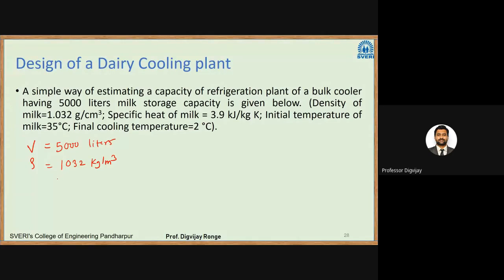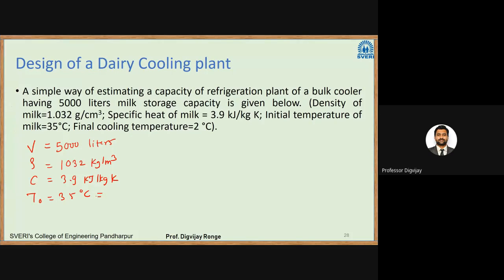Then the specific heat of milk, Cp, is given as 3.9 kilojoule per kg Kelvin. Initial temperature T out, let it be 35 degrees Celsius.